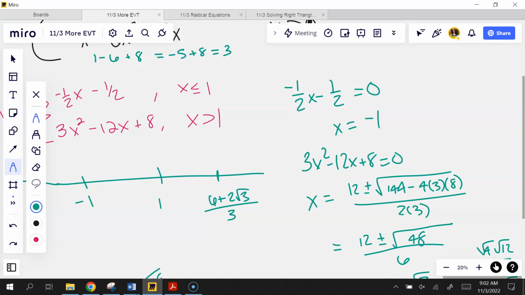Did y'all see why? Look at that restriction. It says x has got to be bigger than 1, so I'm not going to be smaller than 1. Now to test them.